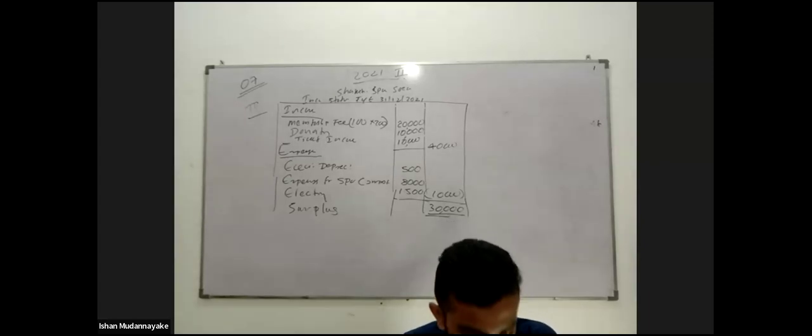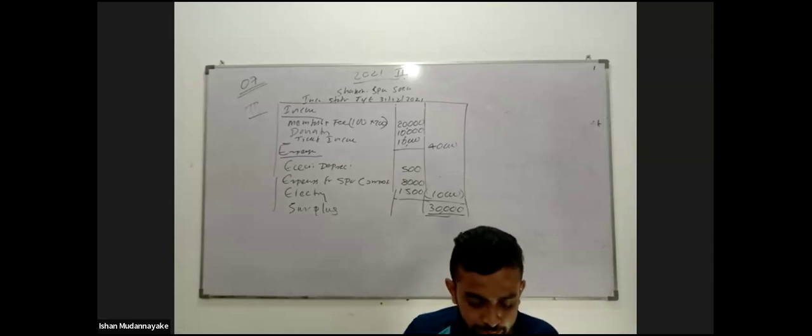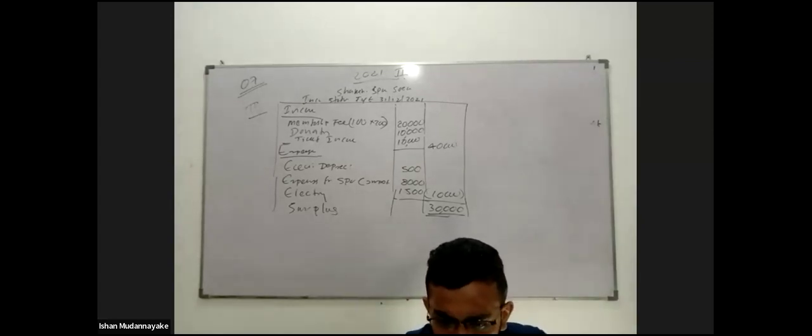Problem number 3. The trial balance of Nirmala business as of 31 December 21 is as follows. You have to prepare profit and loss statement and statement of financial position. I think you have done that one. Quickly we will discuss.